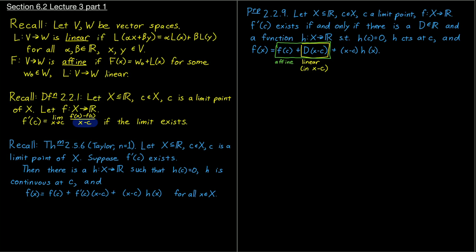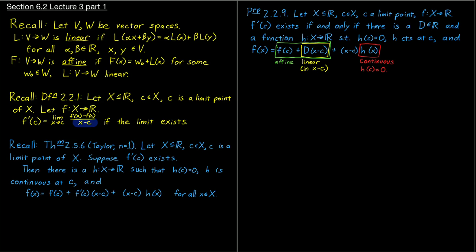It has to be f of c. And then this leftover piece here is a continuous function. And also, we know what h of c has to be. It has to be 0.